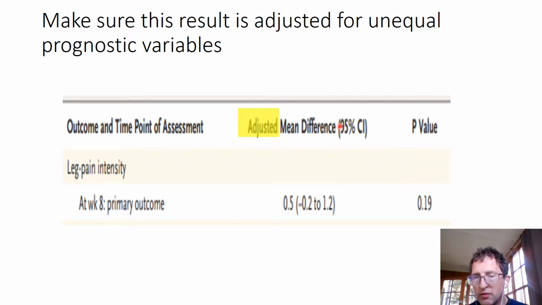They've put a few of these unequal prognostic variables into some kind of mathematical formula to adjust the raw result. You might have heard the term raw result. That means it's the result before you adjust it. So this is often the one we get interested in. That's why you've got that term there.